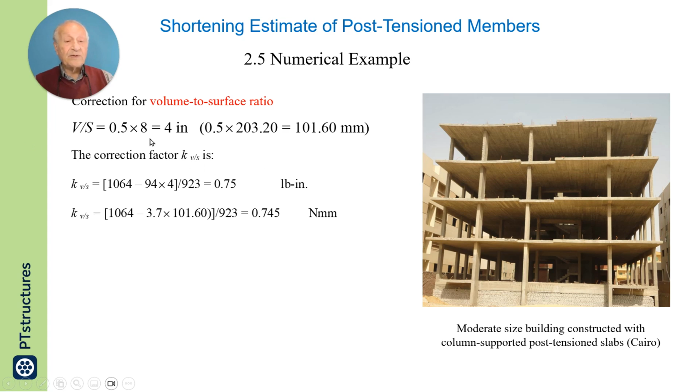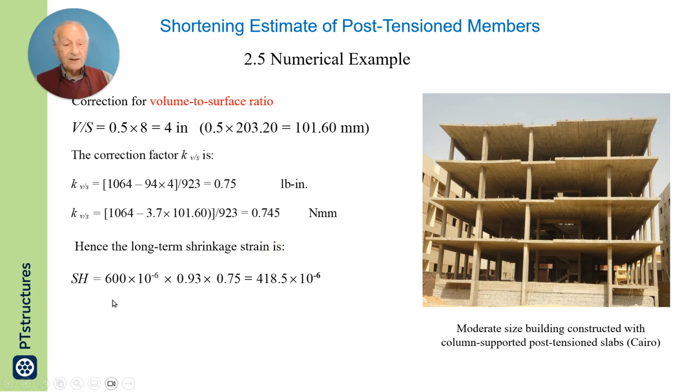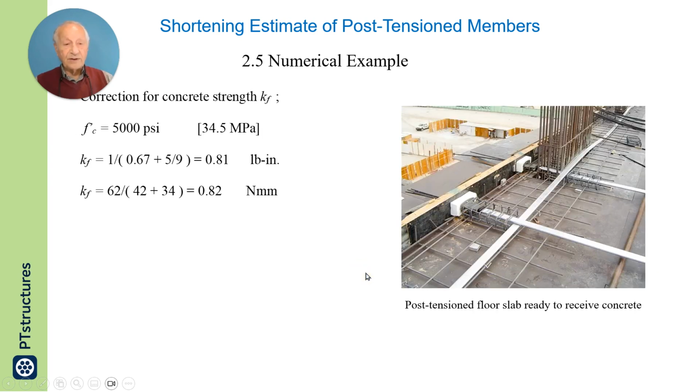The member was a flat slab construction, 8-inch thick, so the volume to surface ratio of it will be this. So the correction due to volume to surface ratio is given by this formula, and the shrinkage therefore will be this much, going through the numerical work.